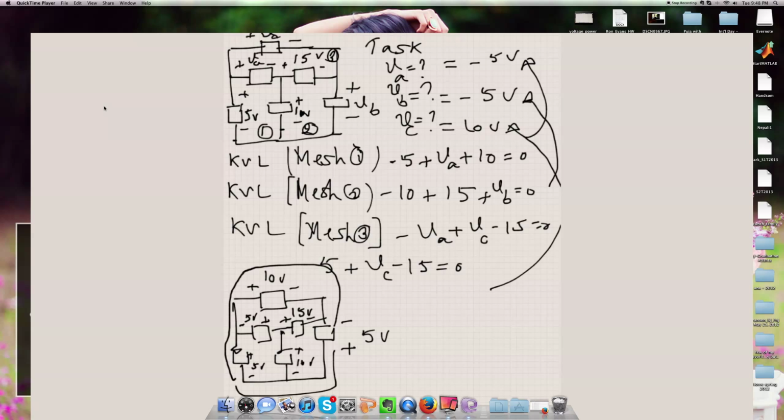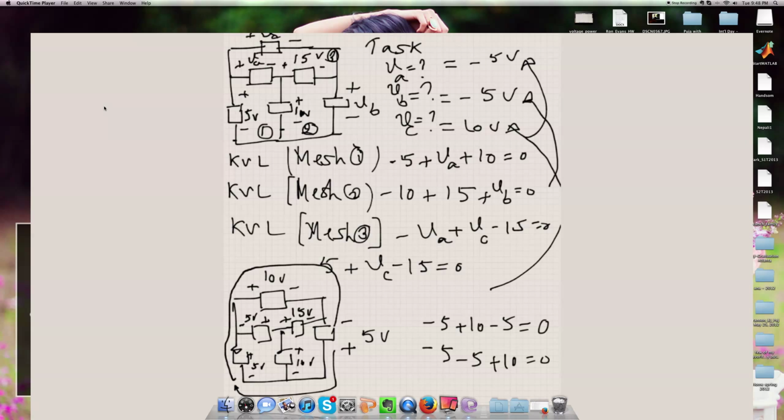Here in this path, we have minus 5, we have plus 10, and we have minus 5. So the question is, does it give 0? Of course it does. Minus 5, minus 5 plus 10, of course equals 0. This is along mesh number 1.